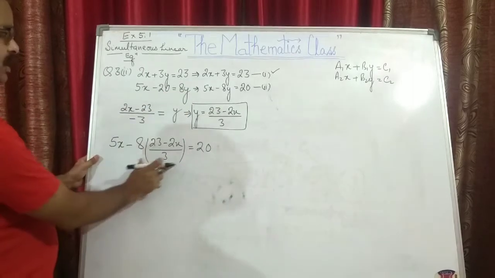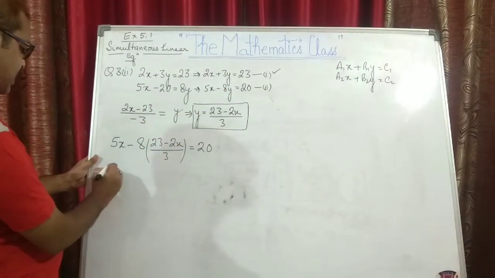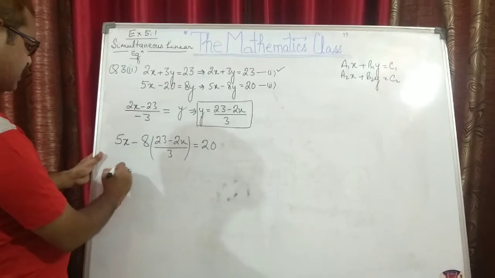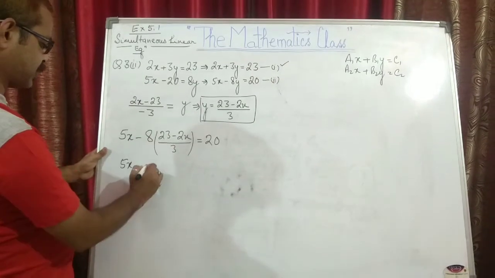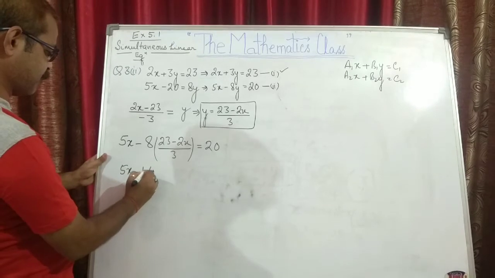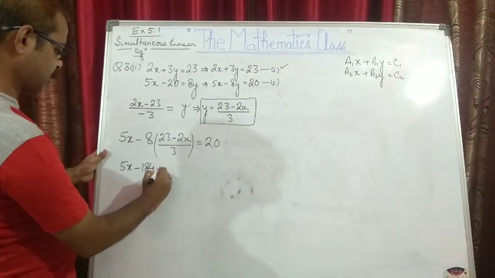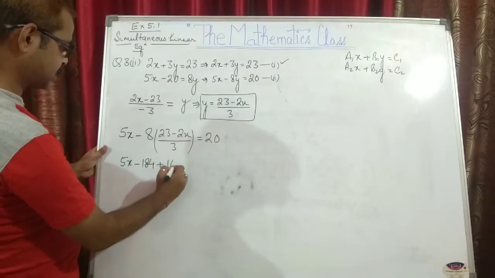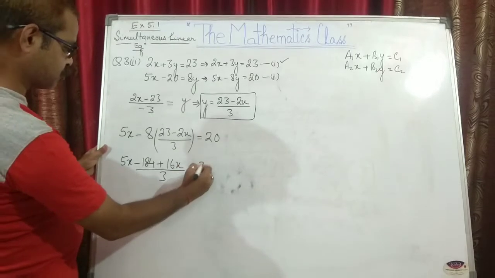As in the question, in place of y, I have 23 minus 2x upon 3. Now let's multiply: 5x minus 8 3s are 24, 8 2s are 16, 8 3s are 24, 8 2s are 16, minus 184, minus and minus will be plus, 16x upon 3 is equal to 20.